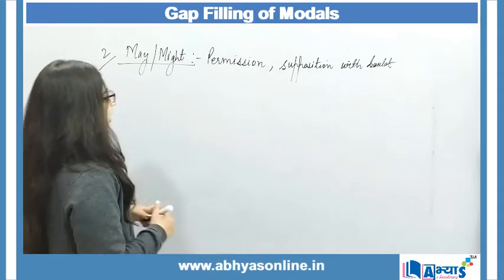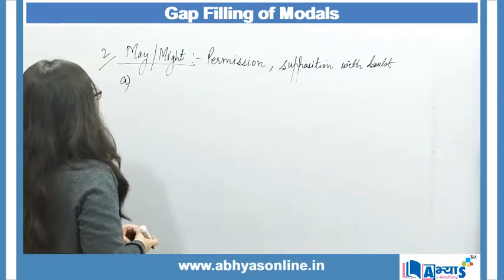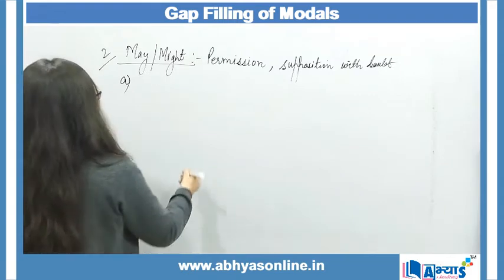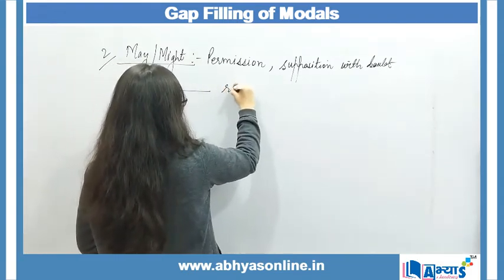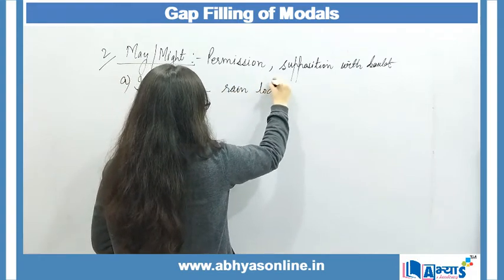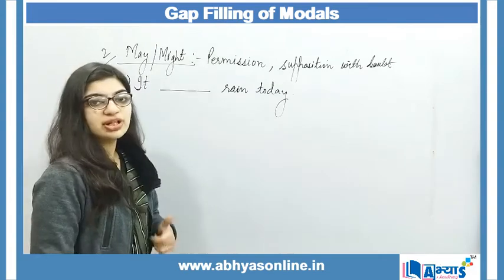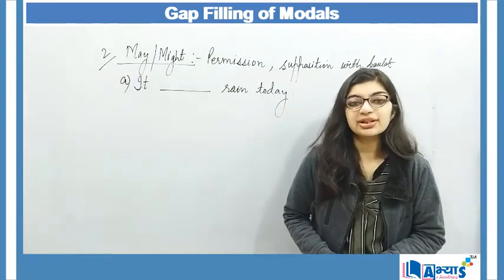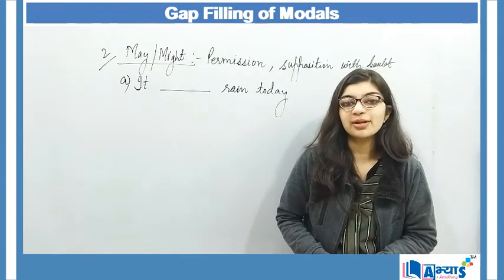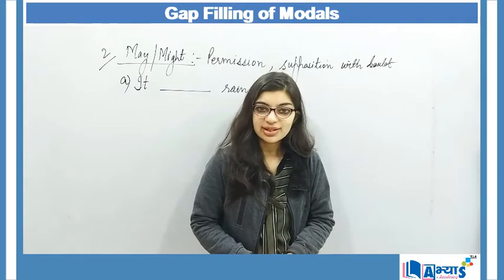So may or might, let us understand this through examples. So the first example can be, it dash rain today. When I say it dash rain today, I will not use the word can, because can is used for showing some kind of ability or in order to make some kind of request, right?